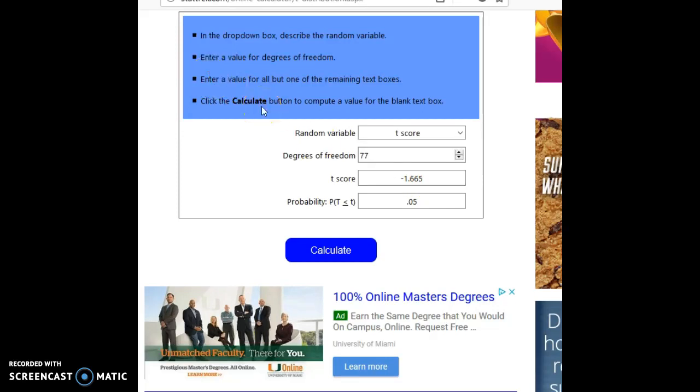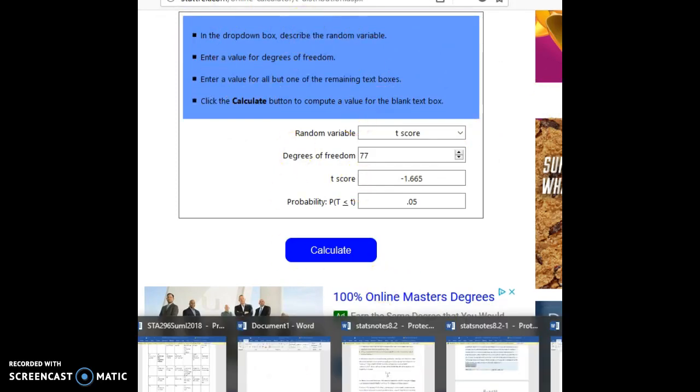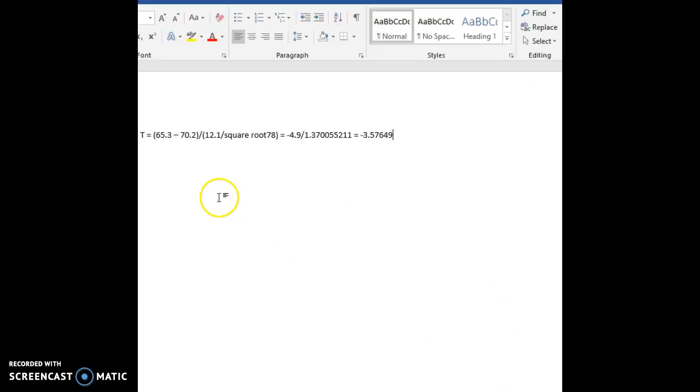Now, when you do 8.3, it's not going to ask you for a critical value. It's going to ask you for a p-value. To get a p-value, let's do a p-value for the test we just did. When we did this last one here, we got for our test statistic negative 3.576.